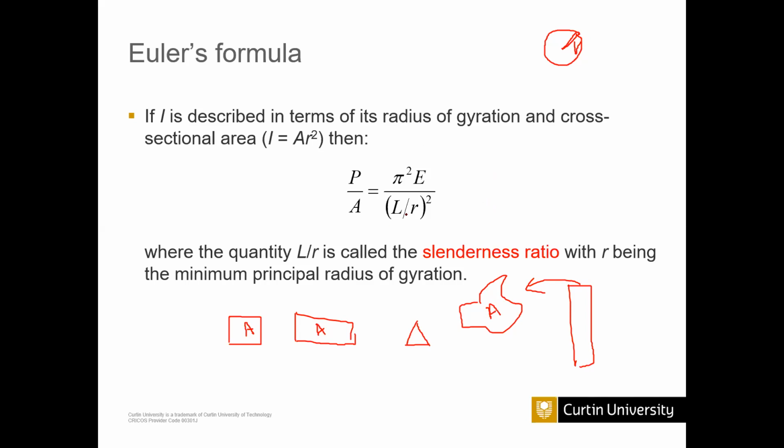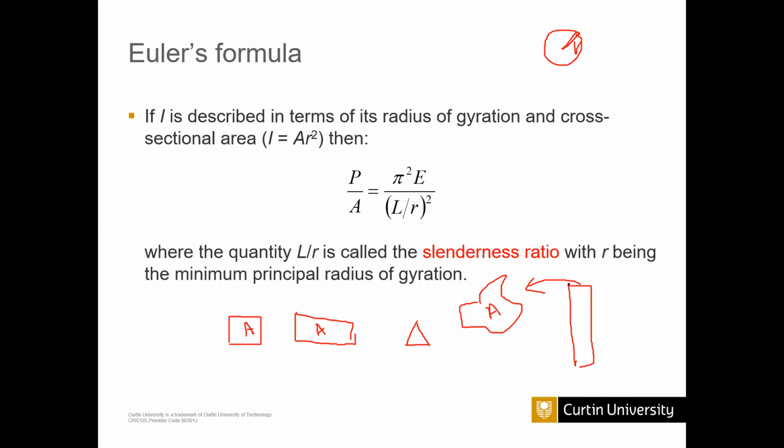And then, as I told you, later on we call this ratio the L/R ratio. If you remember, in the very first few slides I explained the L/R ratio. We call it the slenderness ratio.